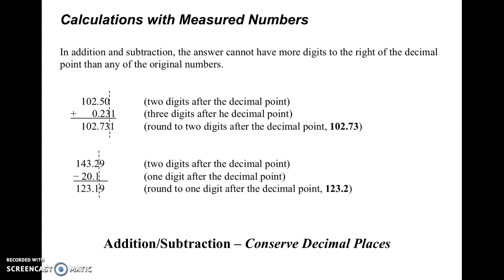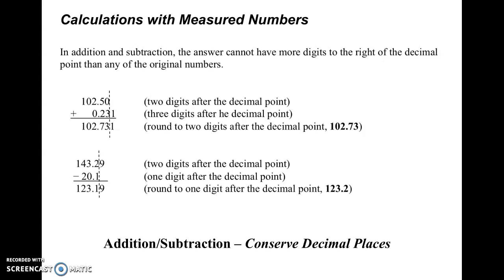And so when you line them up and add them, there is no significant amount to add to the 1, which is the last decimal place. And so you have to drop that decimal place in your answer. And so the answer, because that's dropped, becomes 102.73.